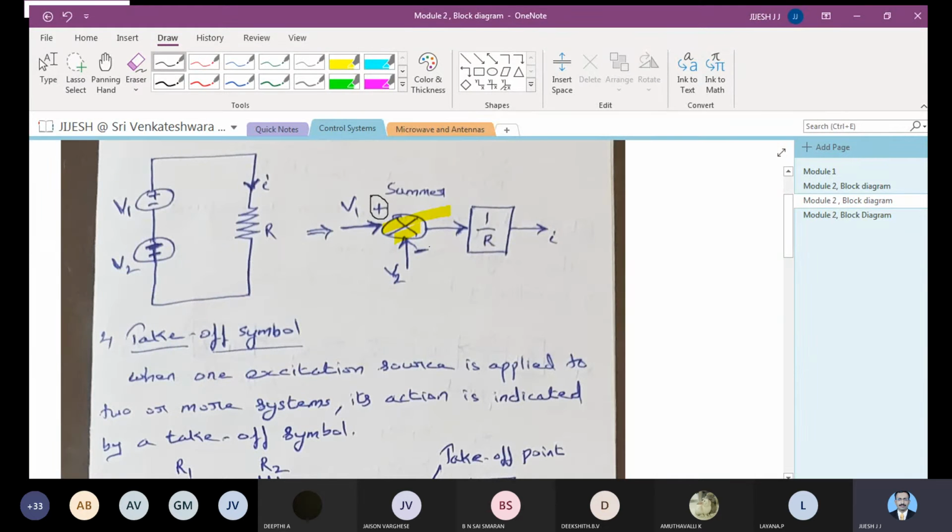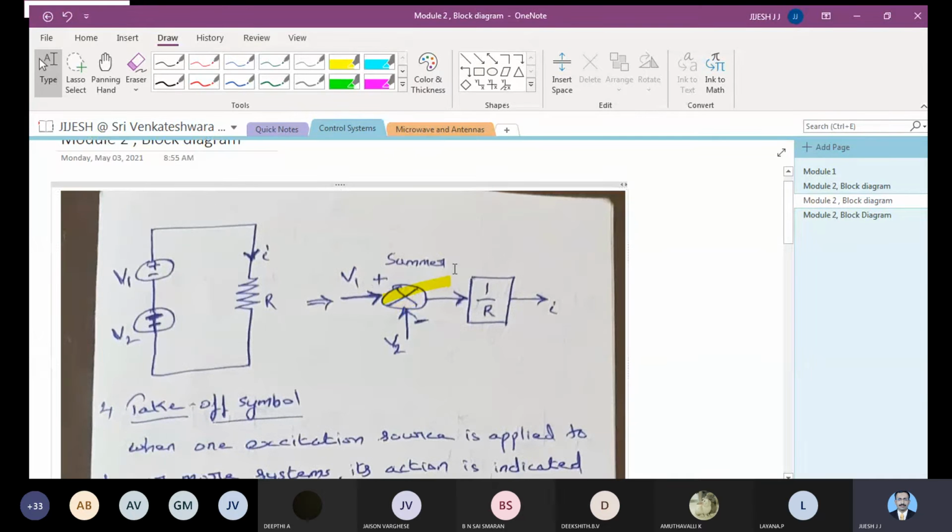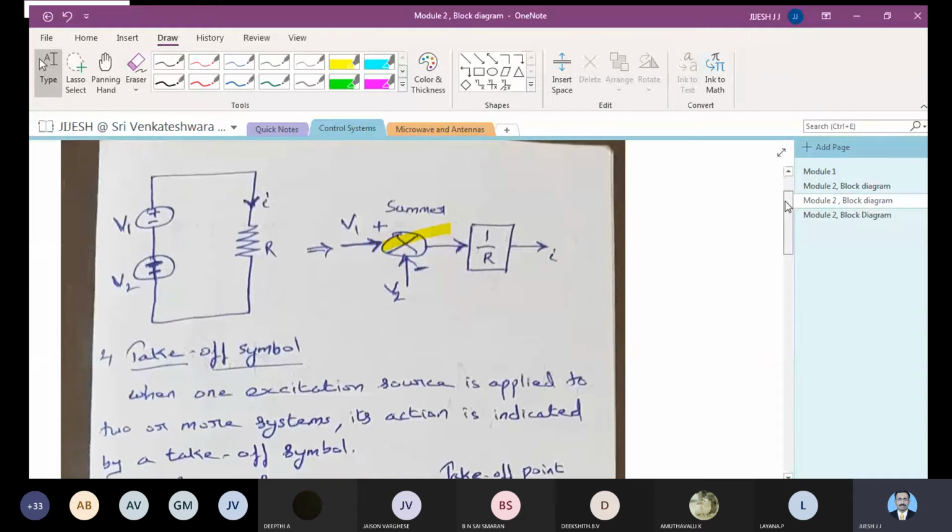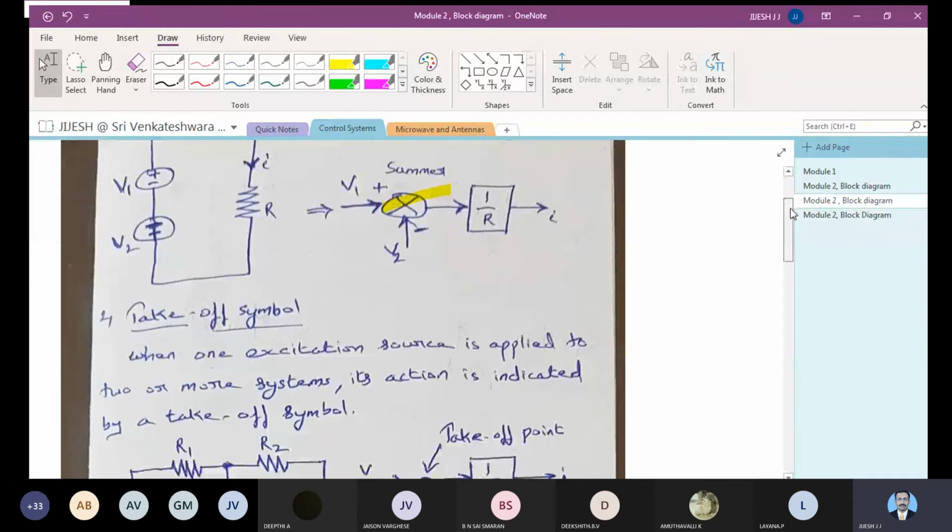All these things are very important, and we will be seeing further. This is just an example for you to understand how a summer looks and how it can be explained. After that, we'll be moving on to the next thing, called the takeoff symbol.